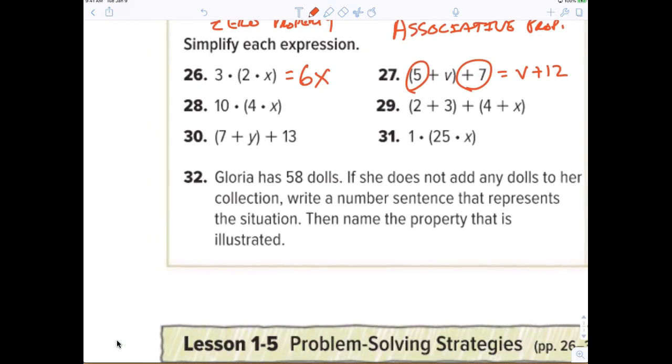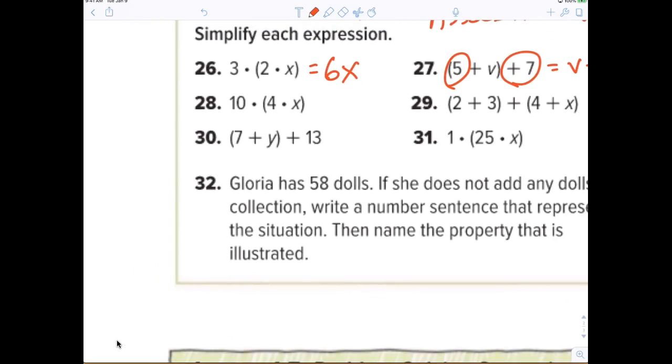All right. 28. Tell me. Brilliant. 40x. Any questions? When you said traditionally you put a variable first, but when you do a multiplication it comes after?